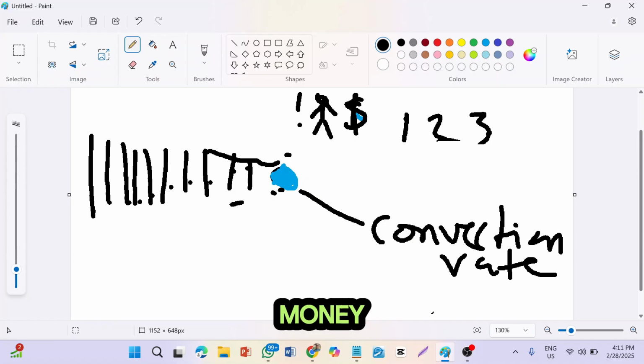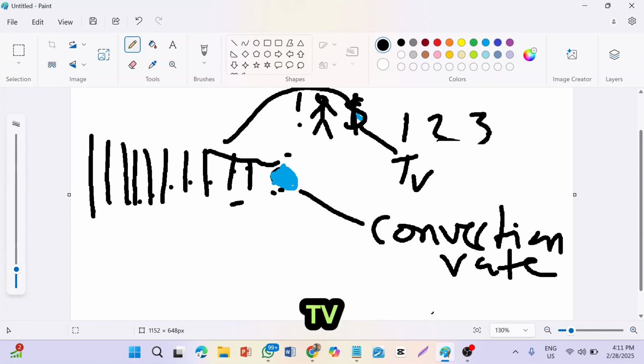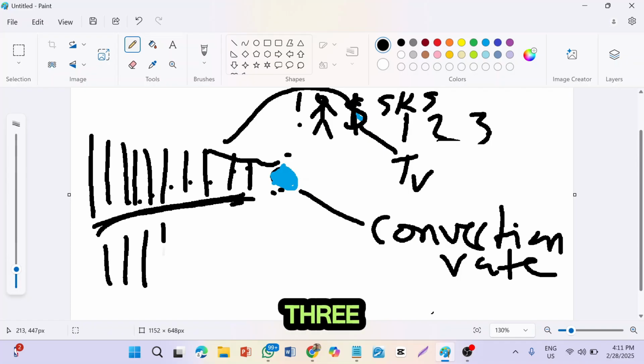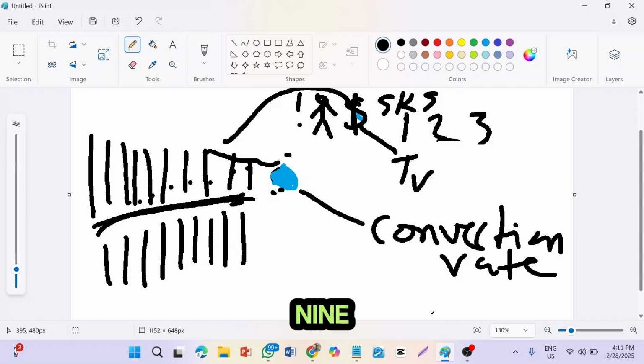By having money, it's very easy for you to multiply this number of people by increasing the amount of money you give to these WhatsApp TVs. You have money, you give WhatsApp TV, let's say 5k, they give you 10 people. Now you can give WhatsApp TV another 5k, they give you 20 people, right?